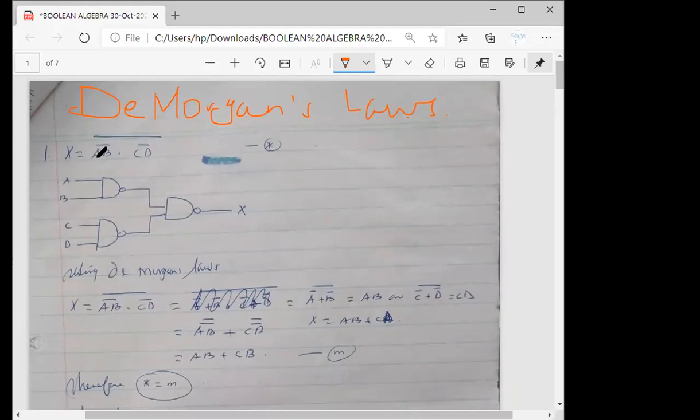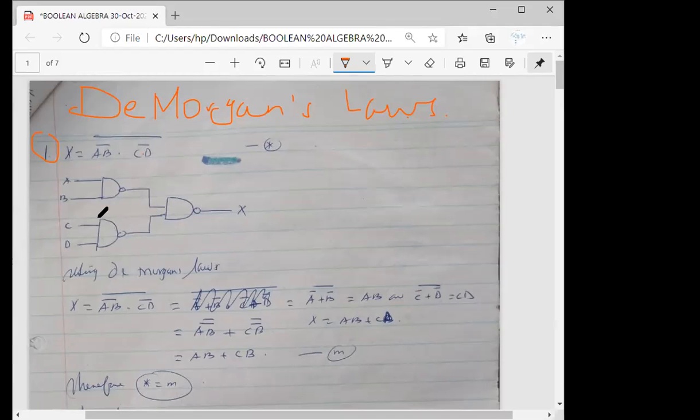So when you have this problem, which is given here, the circuit looks like this. Remember, this is a multiplication. This is an AND gate, so we need an AND gate here, which is this gate, but it's negated here. So this negation here is this one. Then we have the second gate, because it is a multiplication again, which is CD, another multiplication.